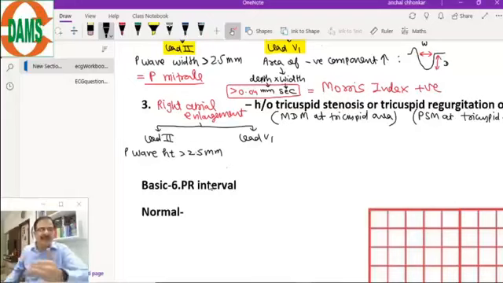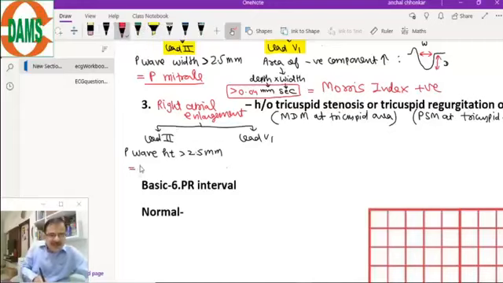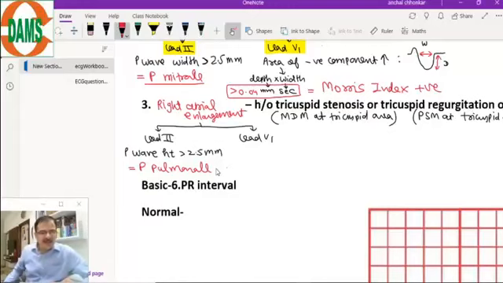The main cause, rather than tricuspid stenosis or tricuspid regurgitation, is COPD-induced cor pulmonale. Therefore, this sign is known as P pulmonale. So this sign, P wave height more than 2.5 mm, is P pulmonale.